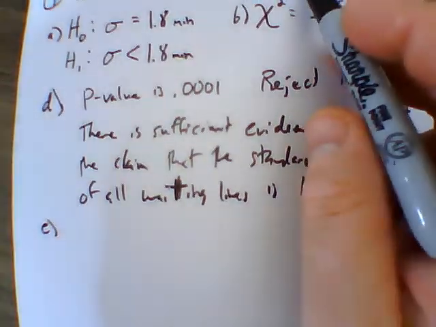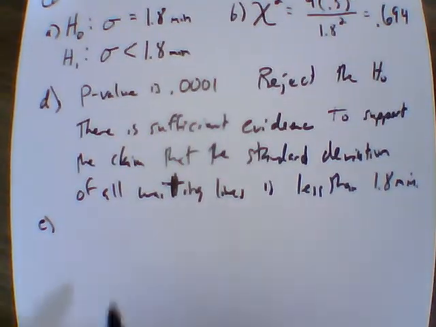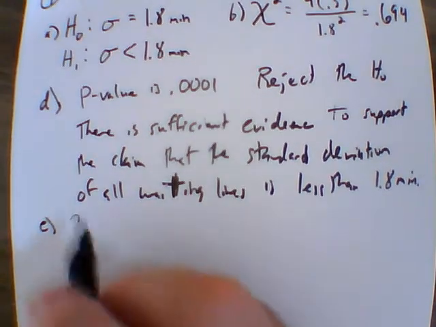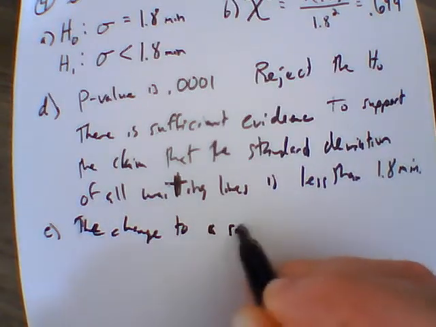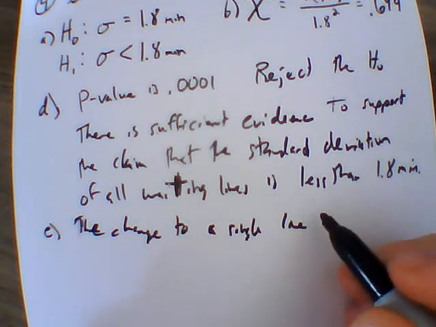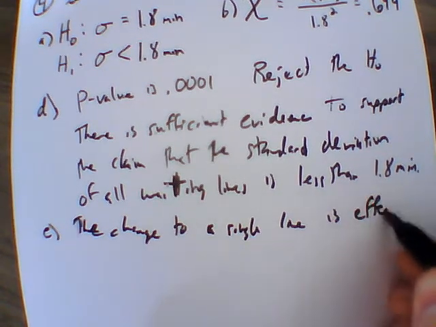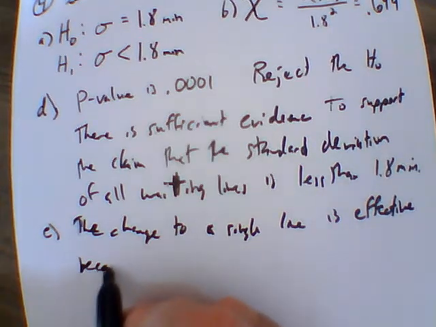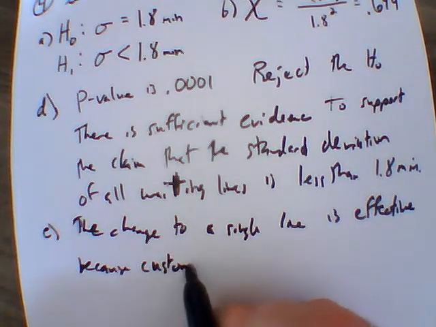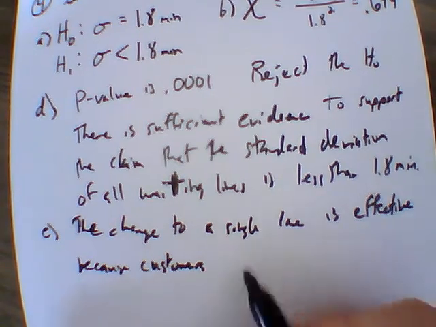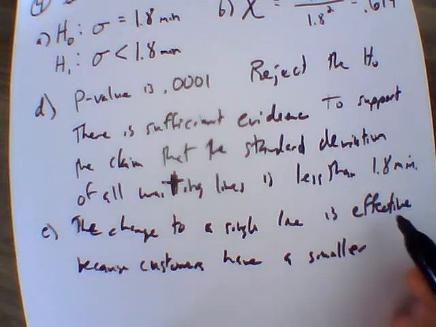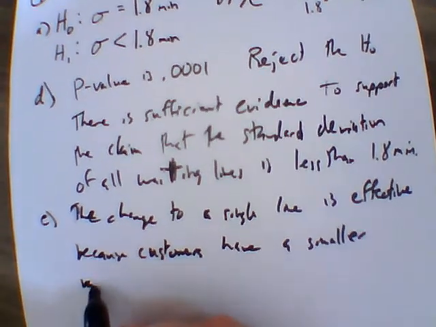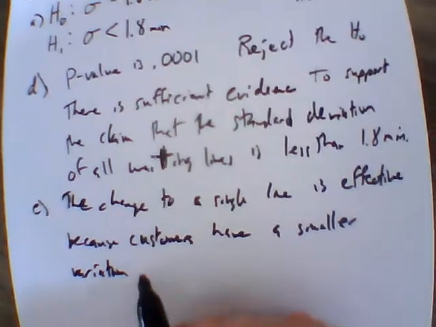Because we're showing that our variation is less than what it used to be, the change to a single line is effective because customers have a smaller variation of waiting times.